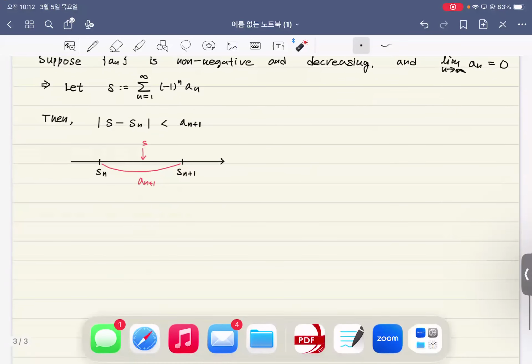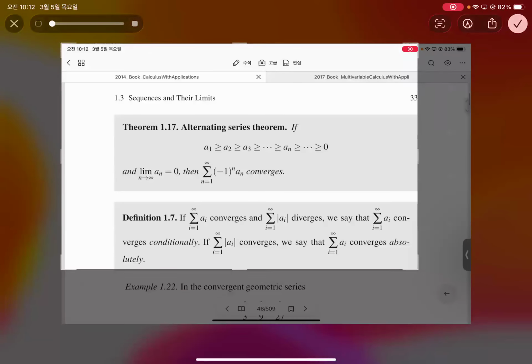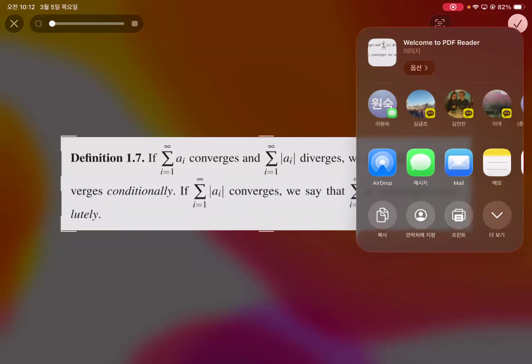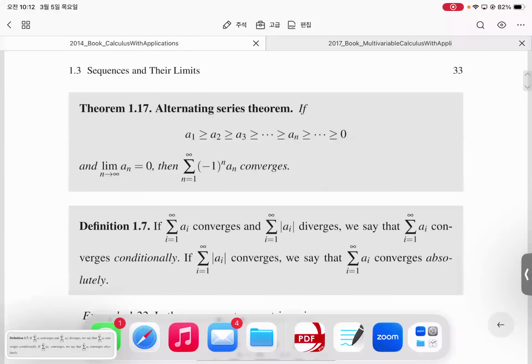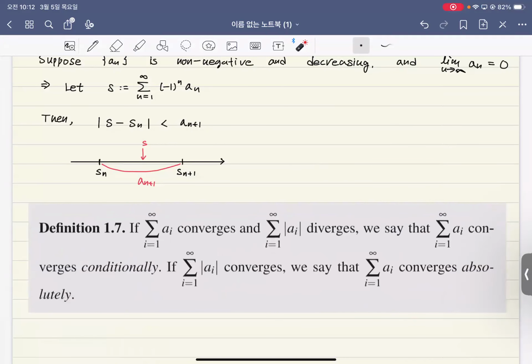So there can be cases such that even though the original series is convergent, this one may be divergent, just like the alternating harmonic series.